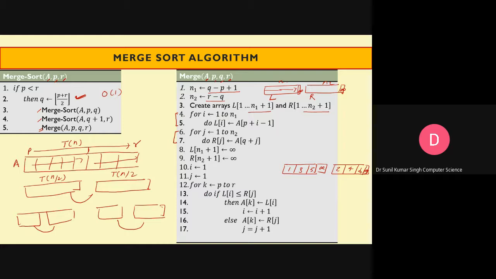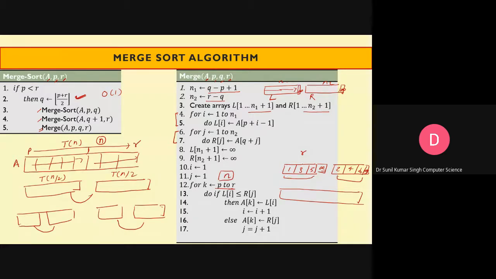If we combine this list, adding the number of elements, then the total is R, excluding this infinity, because it is an extra element added for comparison. Now look at here, if we merge them, then this algorithm moves from P to R. That means if there are n elements in this list, it will run n times.